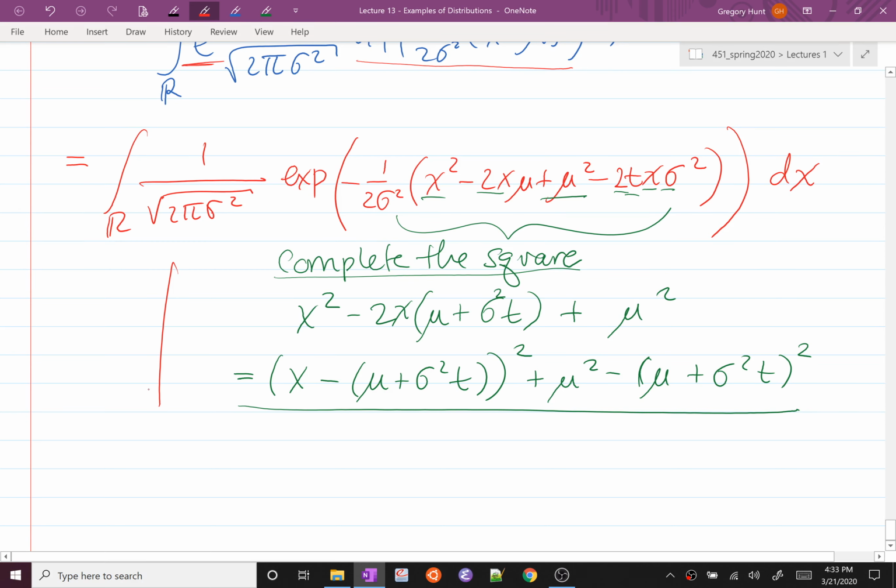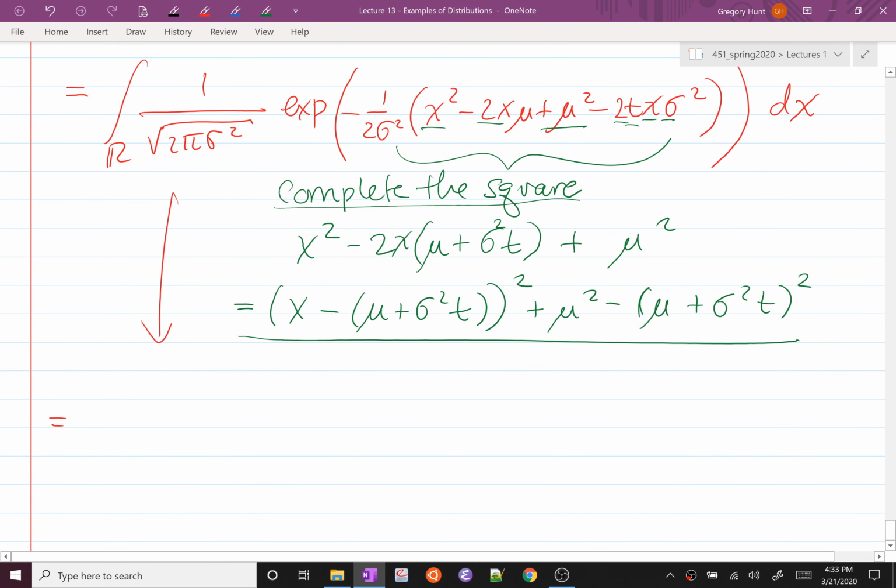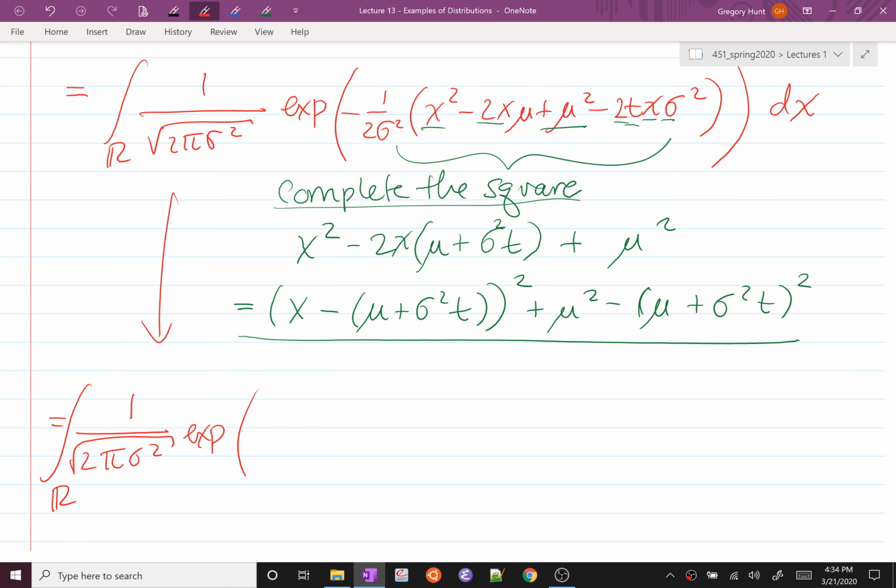And so this means I can expand out my integral here. I get, so let's see, what do I get? I get the integral over r 2 pi sigma squared, just like that, and exp. And I can break this thing up.